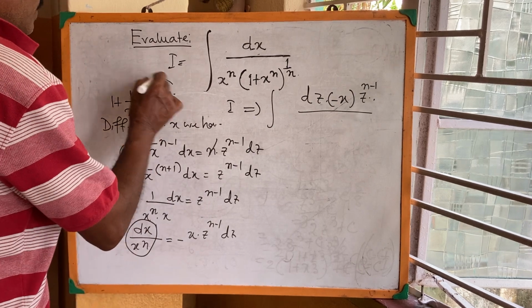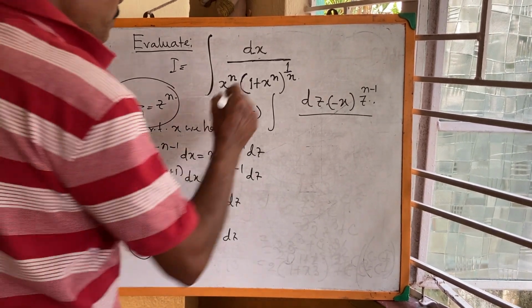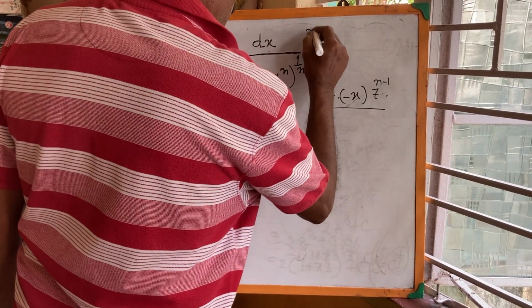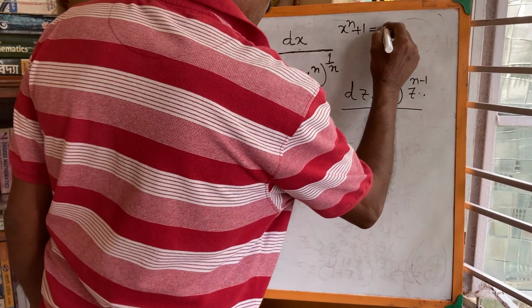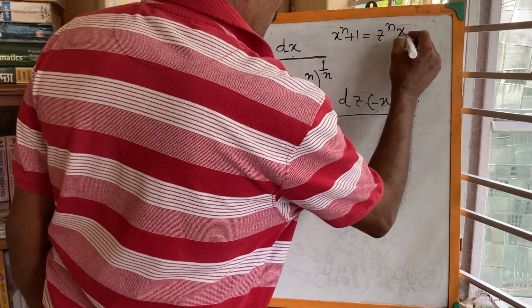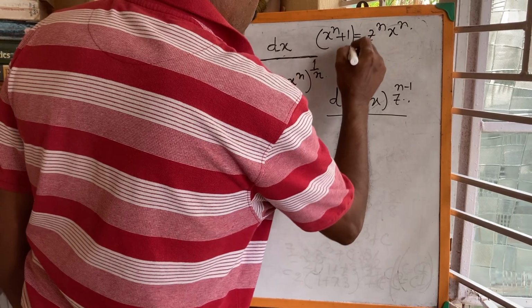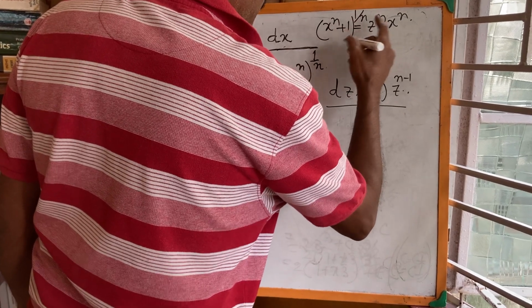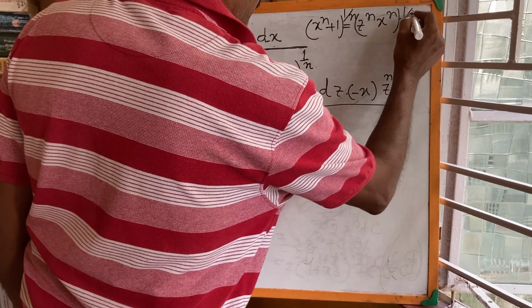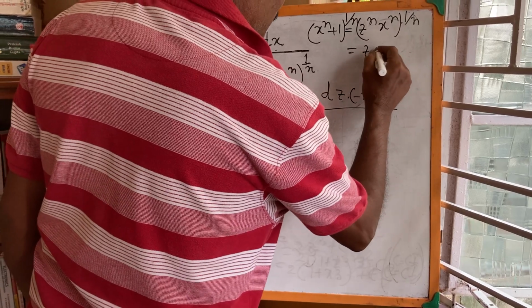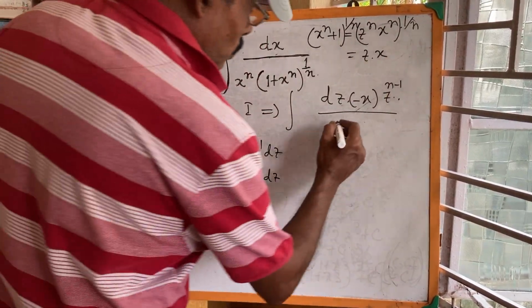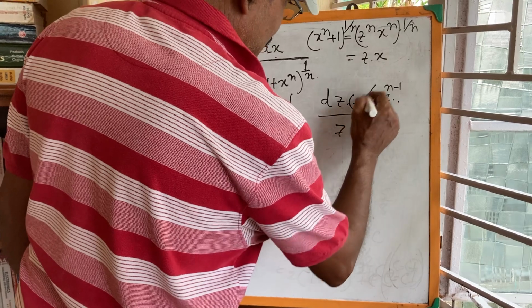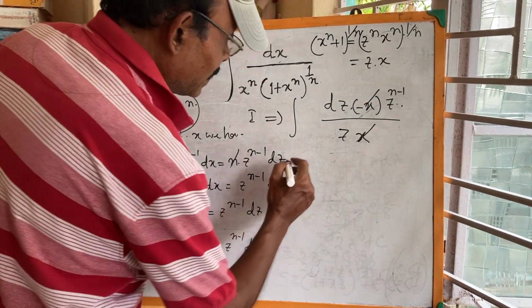Now here from this step x to the power n plus 1 equal to z to the power n x to the power n. So if we multiply both sides as a power, so that will be zx. So we put zx, x and x be cancelled.